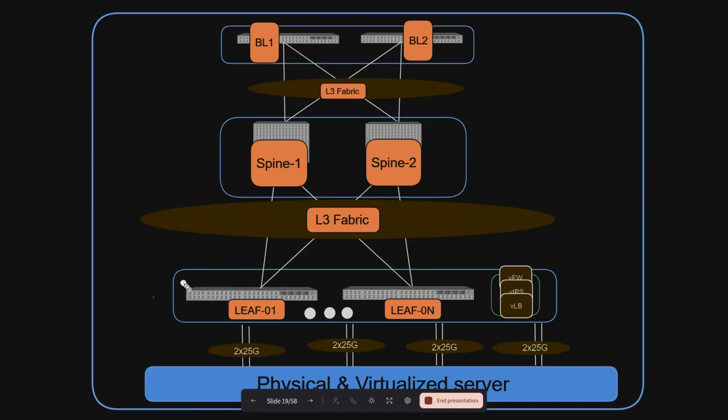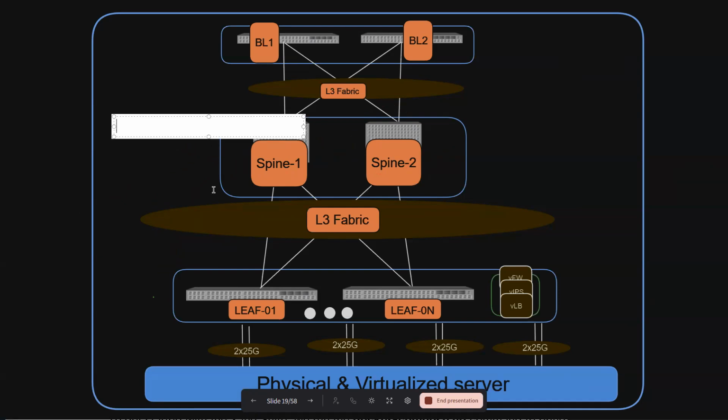When we are designing such a network, we are making some estimation and some prediction as well. At the moment you have two spines. Suppose we are using 48-port spines. Let me give you the example.